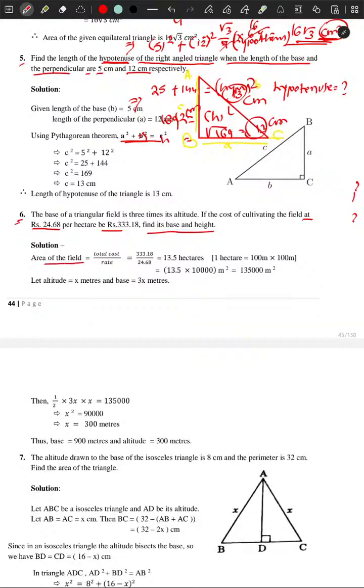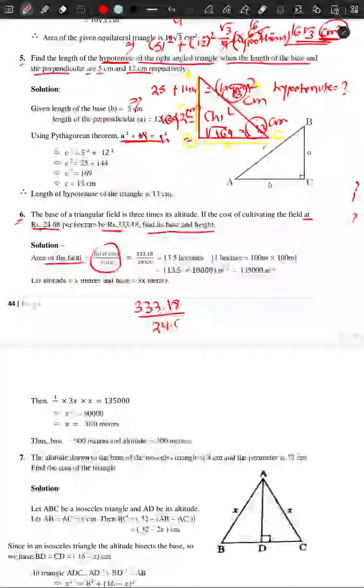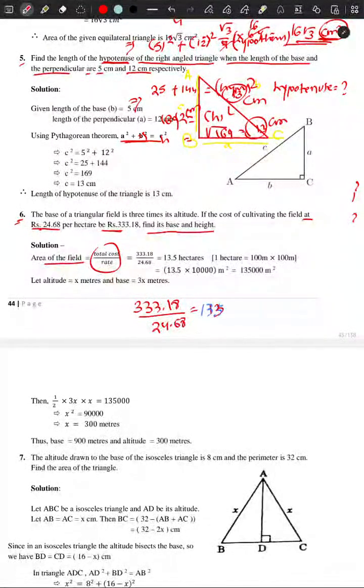Area of the field equals total cost by rate.